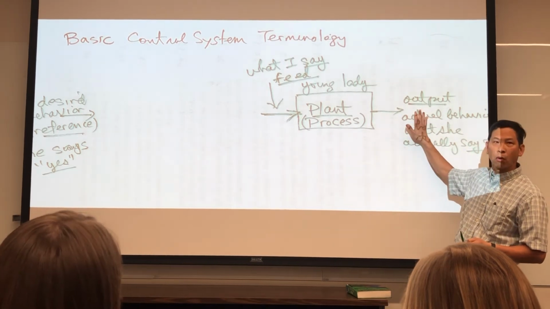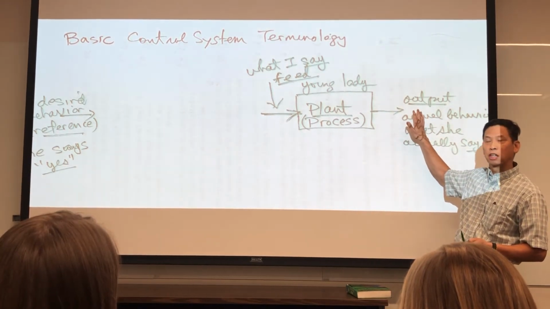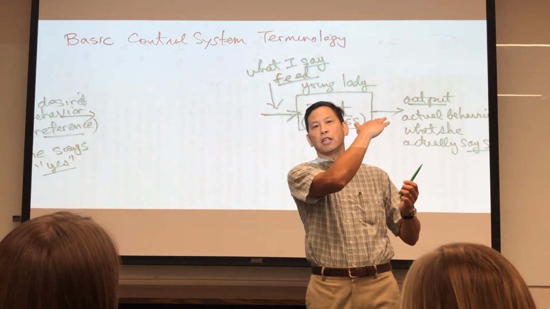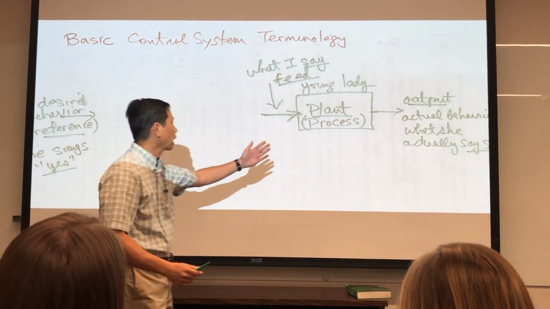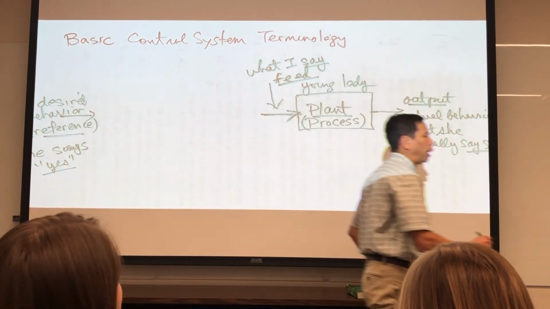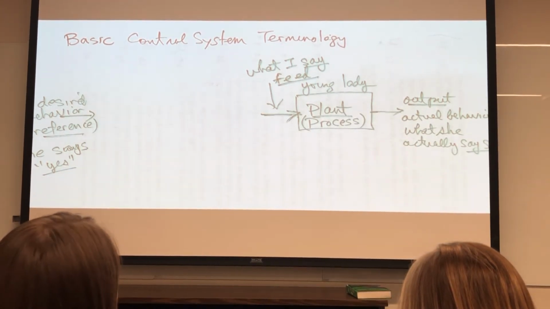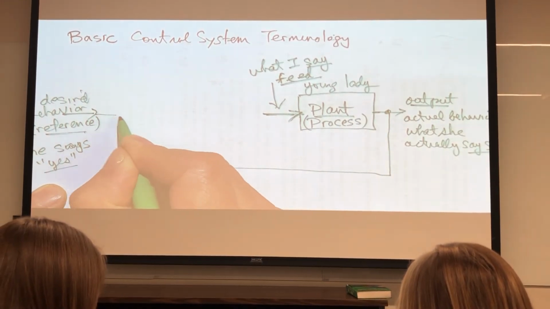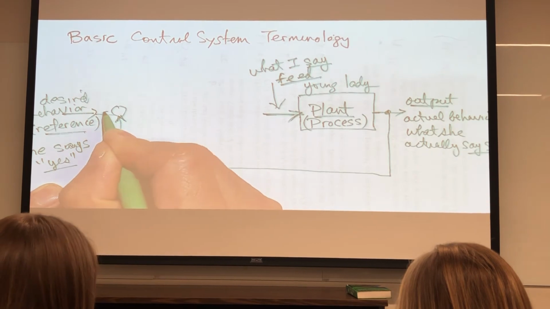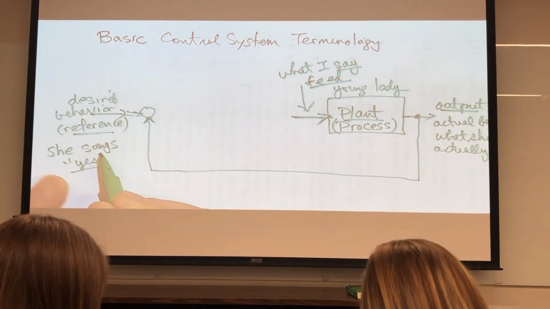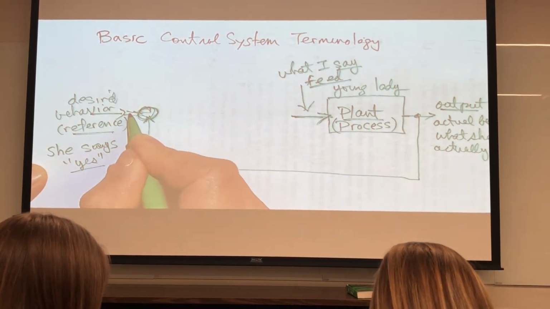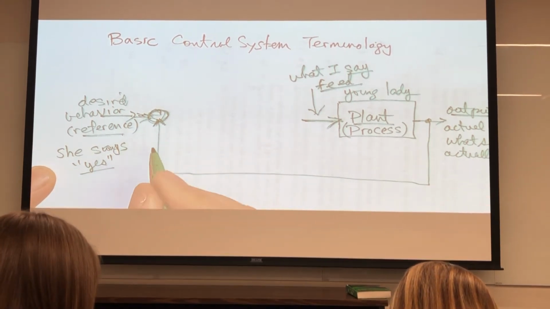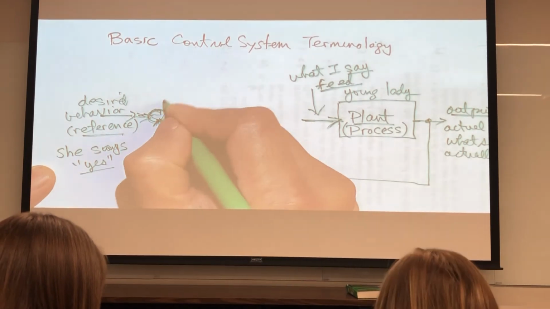So this is what actually comes out of her mouth. It could be yes, it could be go away, it could be a slap across the face. Now what I do is I compare that to my desired behavior. So I draw a circle here, and I draw a box here. This is a summing point.